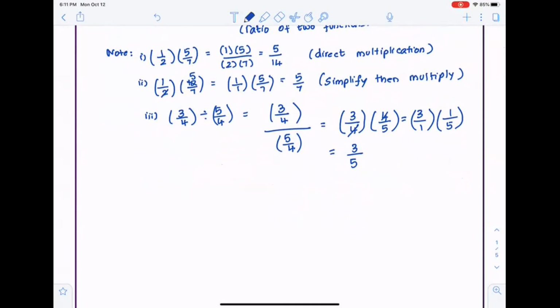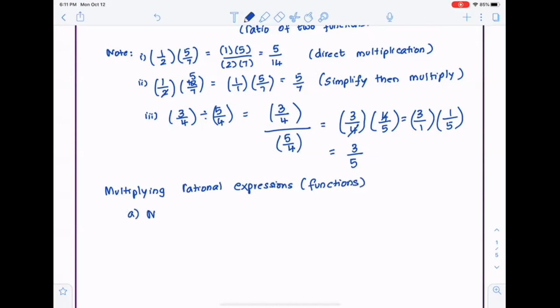So I'll sort of summarize that. The denominator gets multiplied with the denominator.